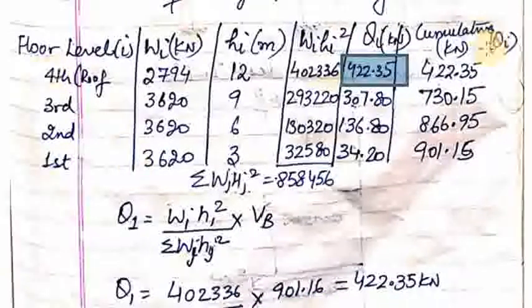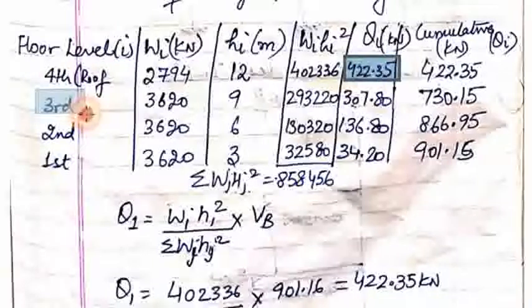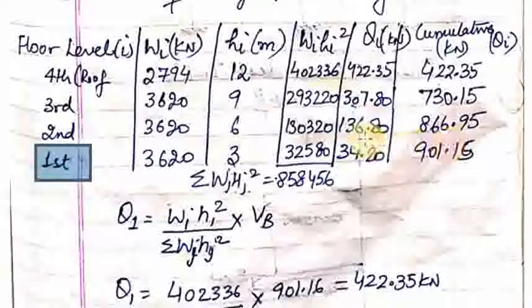Now the value of Qi for the fourth floor is 422.35. For the third floor it is 307.8. For the second floor it is 136.8. For the first floor it is 34.20.